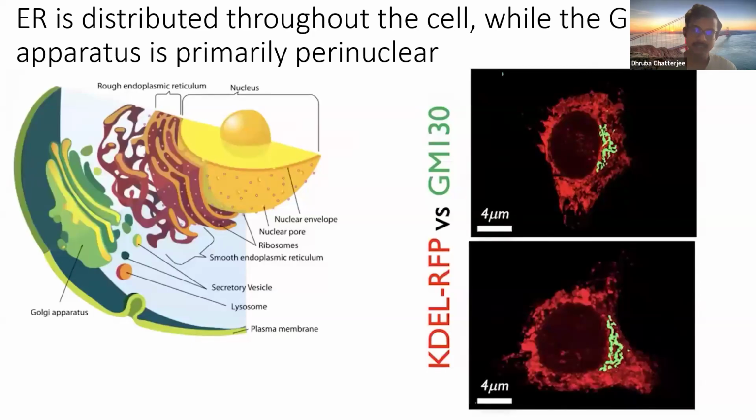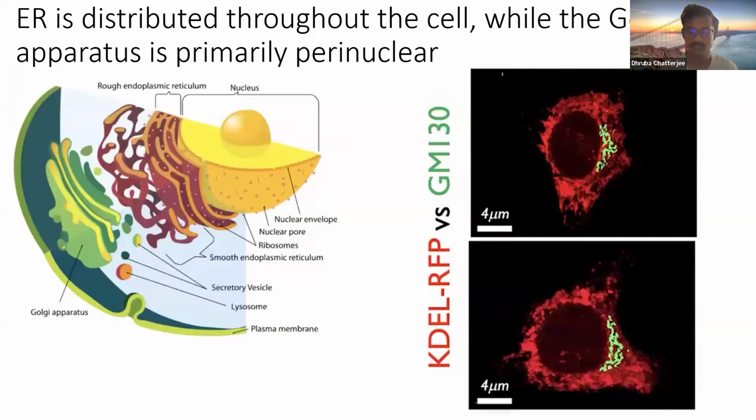For that, we have used antibodies which specifically recognize GM130, and these antibodies are conjugated with fluorophores. So when on fluorescence microscopic imaging you are seeing the localization of GM130 within the cell, essentially you are seeing the cis Golgi within the cell.